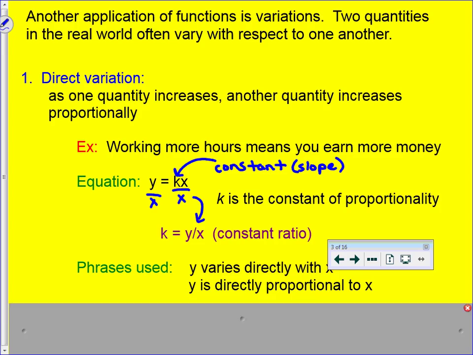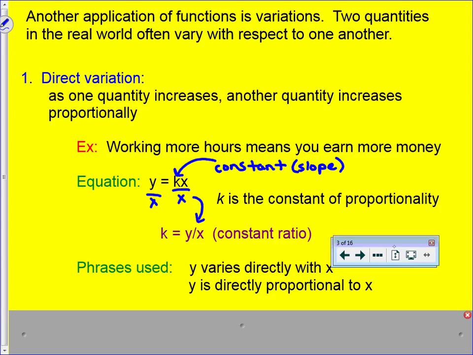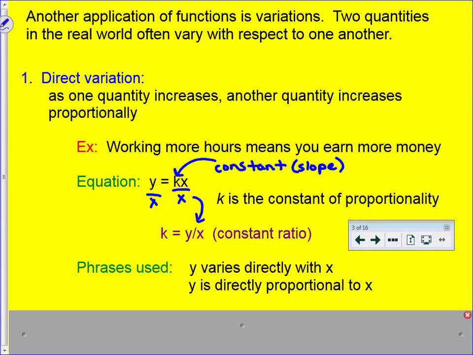So how do we say what is actually being described here? One way that you might see it described in your homework is y varies directly with x. That means your y is the part before the varies, which means the part before the equal sign. And what is directly with x?